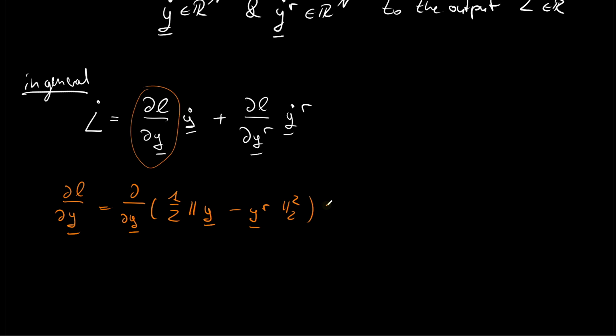So in other words, it can also be written as the derivative with respect to y, so this doesn't change, but here we will have 1/2 times (y minus y R) in brackets transpose multiplied with (y minus y R), and then closing that down.